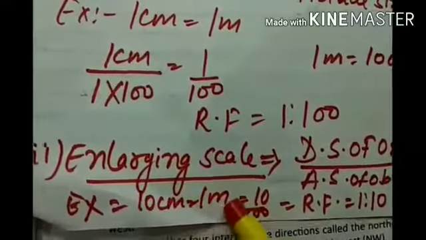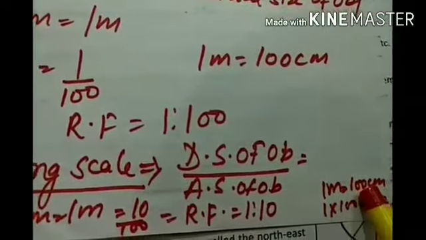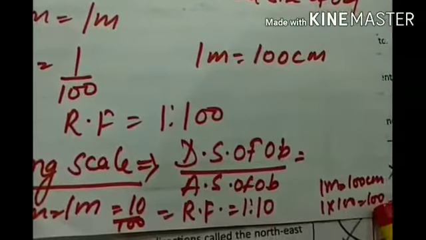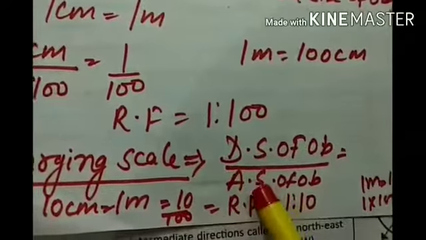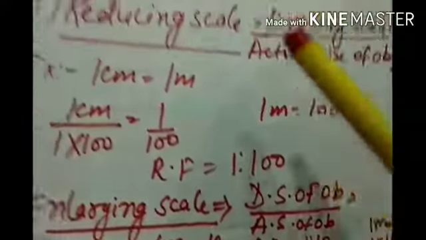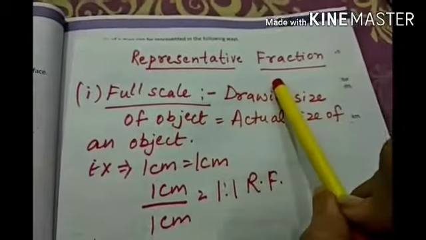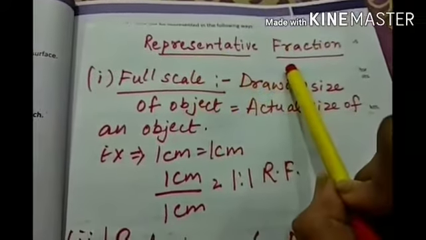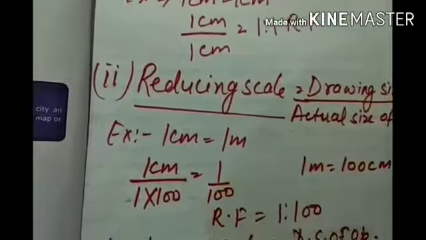Because again it is in meter and we will convert it into centimeter. So 1 meter is equal to 100 centimeter. 1 into 100 is equal to 100. Therefore 10 upon 100. And here the RF will be now 1:10. This way we can represent the fraction. It is a representative fraction. 3 ways of representing it. I have explained you all the 3 ways.